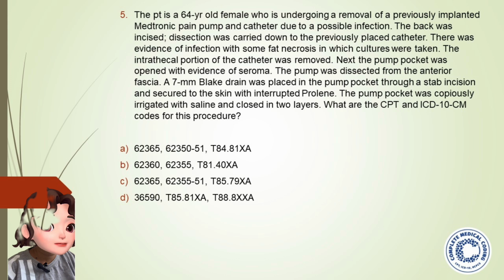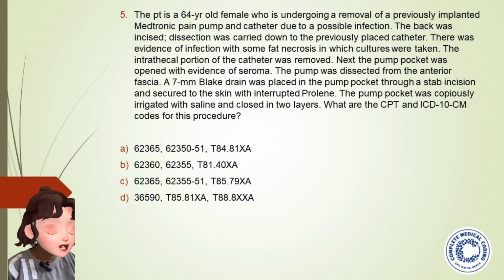What is the next one? T85.79XA. What does that represent? T85.79XA represents infection and inflammatory reaction due to other internal prosthetic devices, implants and grafts. Yes, this is an infection from implants and grafts, right? So this is our correct ICD code.